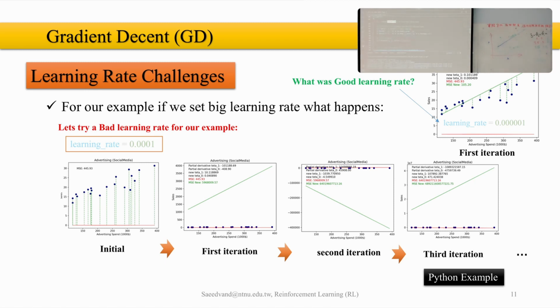I need to again come out of this mode so that you can see. So in each iteration, we calculate theta hat 0 and theta hat 1, and update them by the learning rate. If everything is fine, you will see that this is happening.